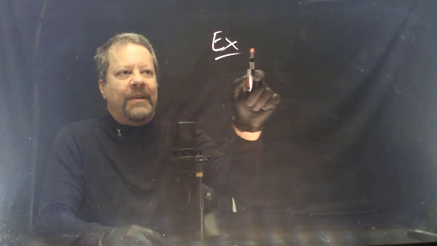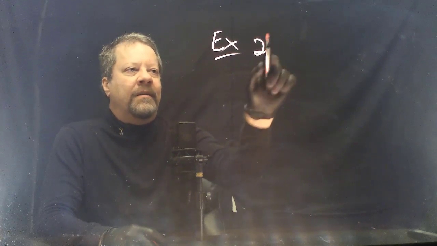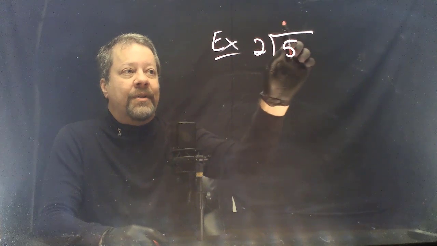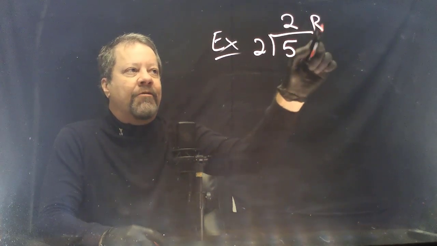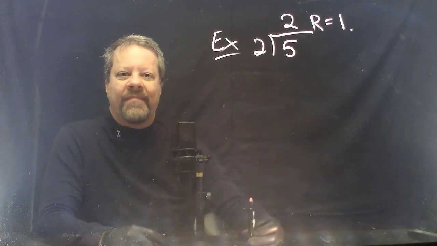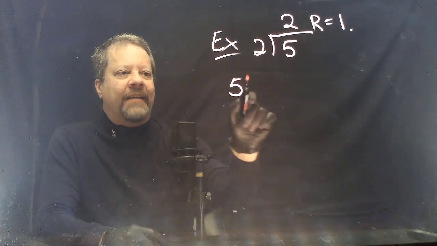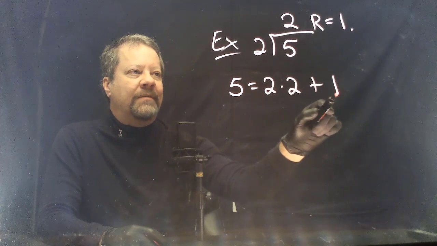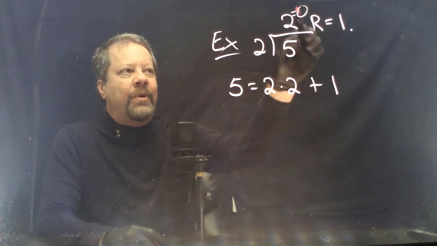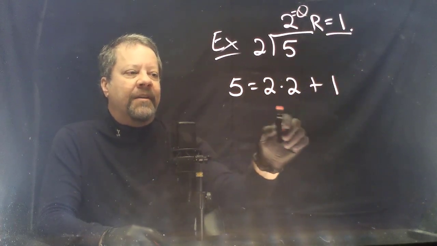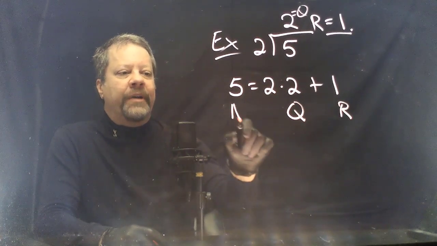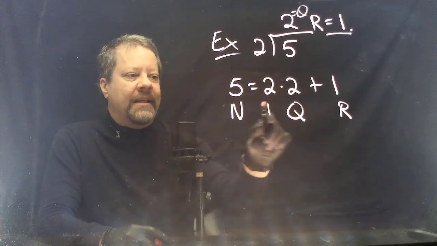Let's look at a very simple example. What's 5 divided by 2? Well, 2 goes into 5 twice, and there's a remainder of 1. You can see that 5 is 2 times 2 plus 1. 2 is the quotient, 1 is the remainder. n is the numerator, and 2 was the denominator.